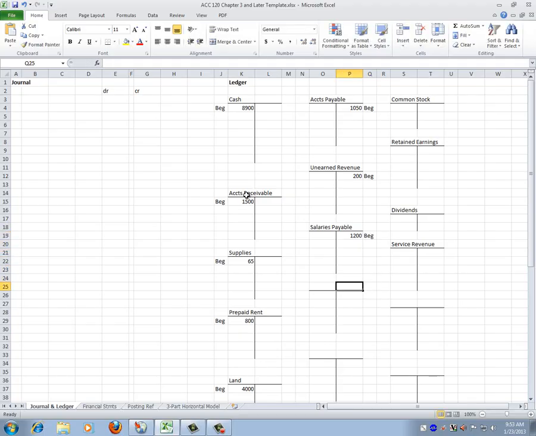Of course, in your project, in the first year, I think there's no beginning balances. I think that was their startup year, if you're doing the project for my course. But then the second year, you'll have to carry forward the appropriate balances.